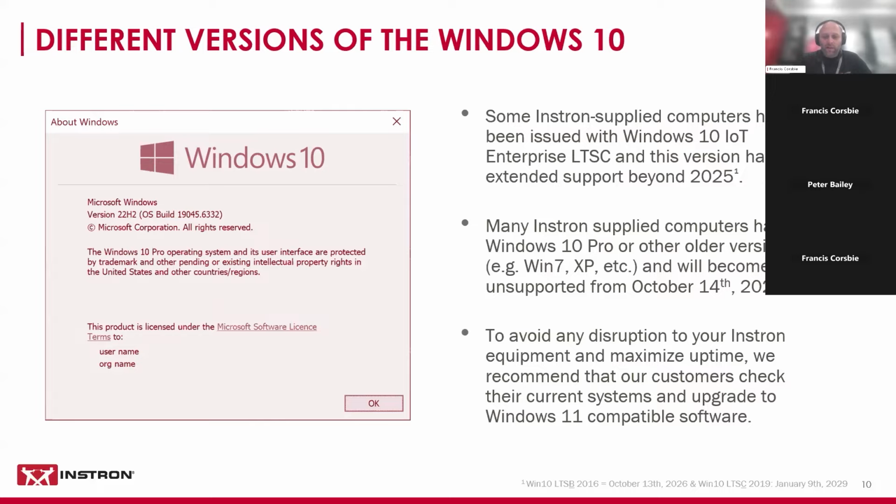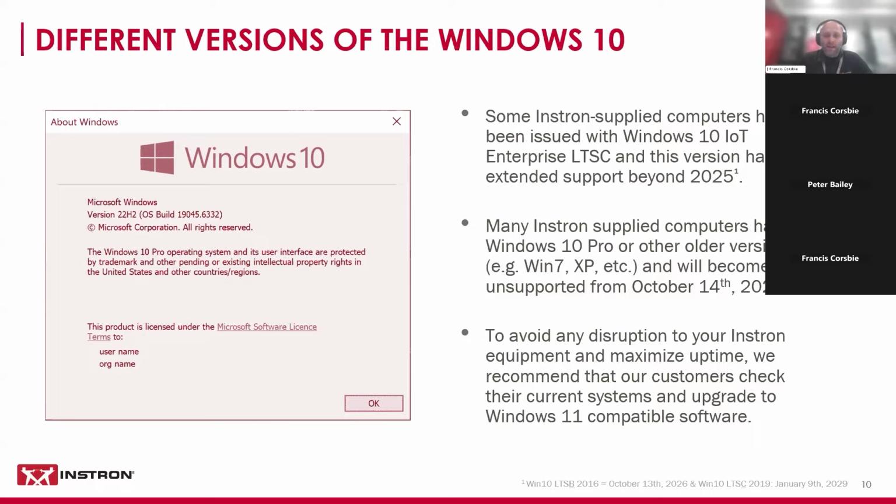Windows 10 LTSB 2016 is supported until October next year, 2026. Windows 10 LTSC from 2019 is supported until January 2029. So there's plenty of time to assess your computer and plan for those upgrades at a later date.